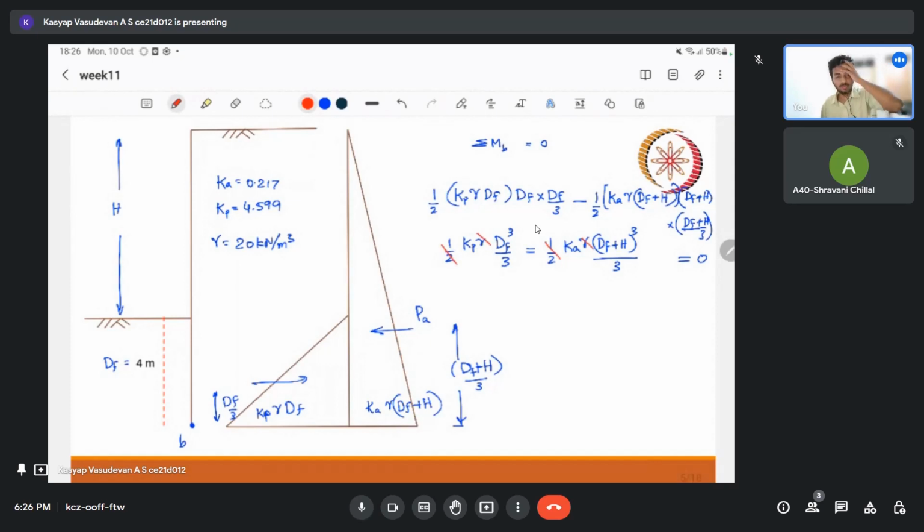So actually it's not depending on our density at all. I can also cancel 3 and 3. Now we know that Df is 4, so I can substitute that. So Kp times 4 cubed is equal to Ka times (4 plus h) cubed.